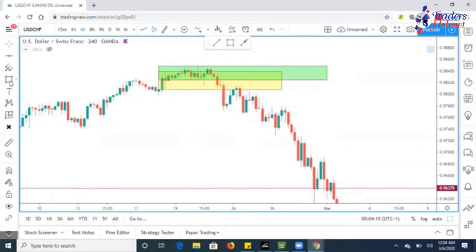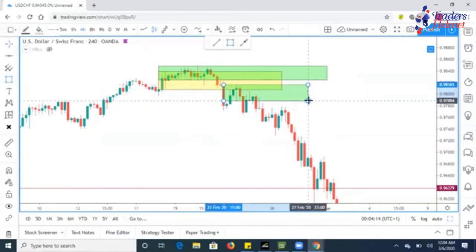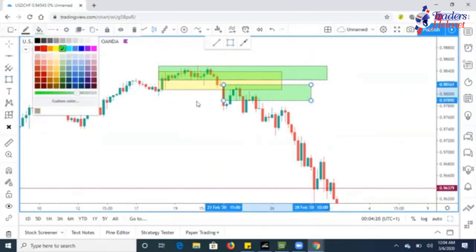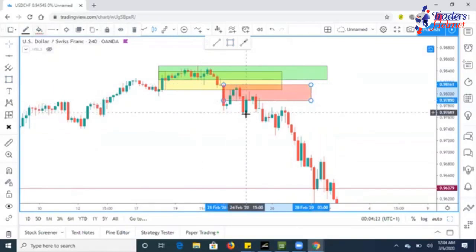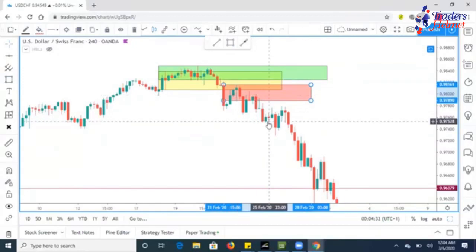So in that case, we could have this last bullish candle here that created this low, and it becomes our order block. Price trades back into it to retest it. And what do we do? We sell straight down.